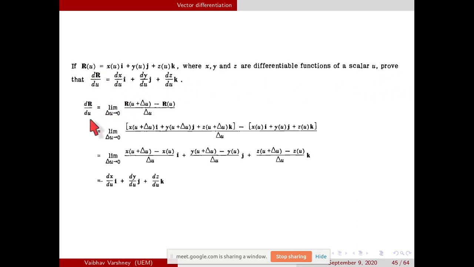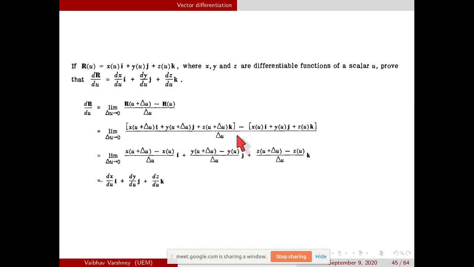So dr upon du, we can write this, as I showed you one slide before: limit delta u tends to 0, r of u plus delta u minus r of u upon delta u. Since r is a function of x, y and z, if r changes from u to u plus delta u, then all three variables x, y and z change from u to u plus delta u. See, x is a function of u plus delta u, y, z, and r of u means x of u, y of u, z of u.